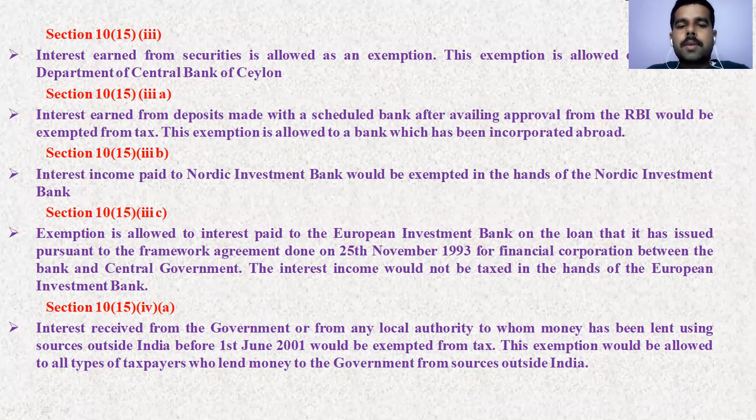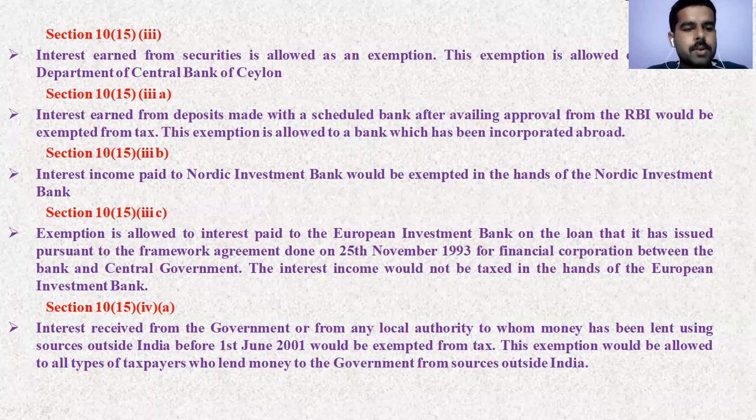The interest income would not be taxed in the hands of the European Investment Bank. Okay, observe carefully here, European Investment Bank. From that bank also, sometimes we are going to get loans. On that, some exemptions are allowed.